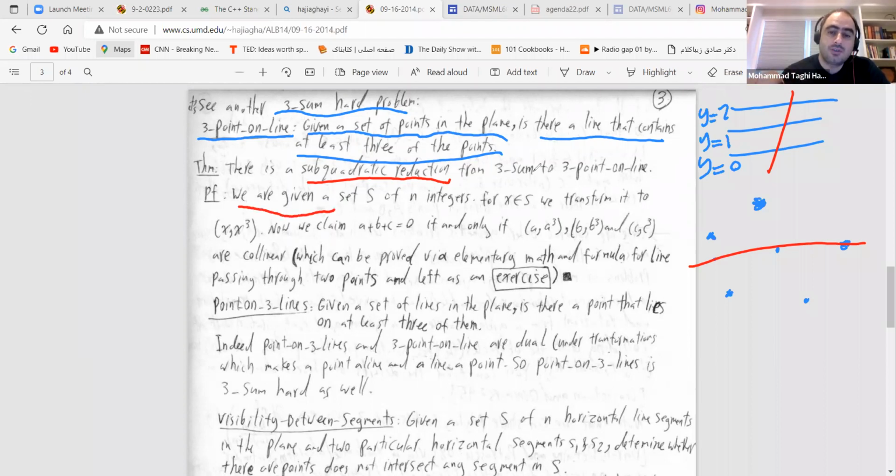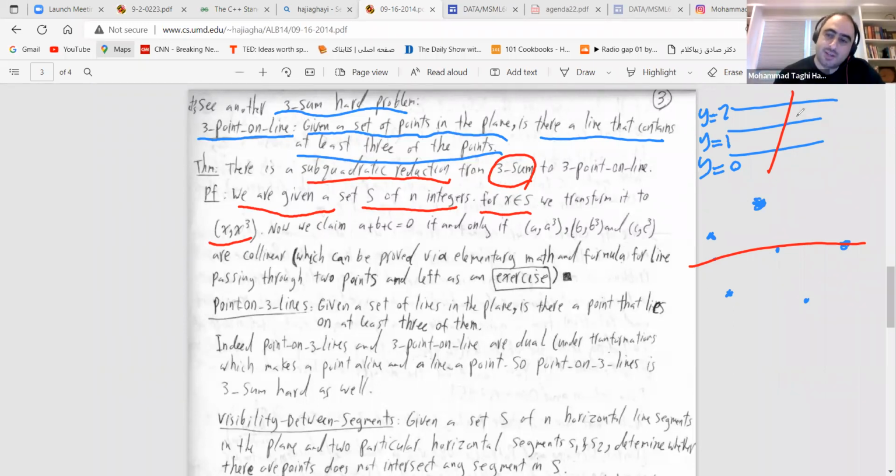Here we are working with 3SUM directly. We are given a set S of n integers, and for each x belonging to S, we transform it to the point (x, x^3). Good. So this is the reduction.